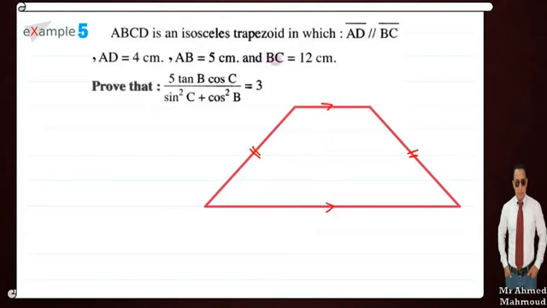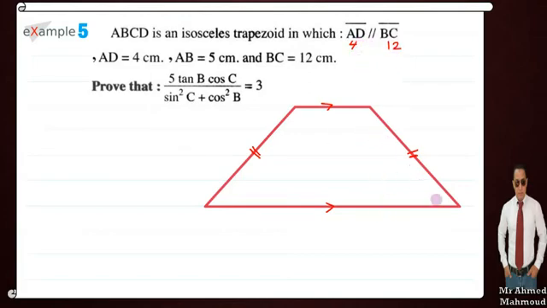Here BC is the lower base and AD is the upper base.